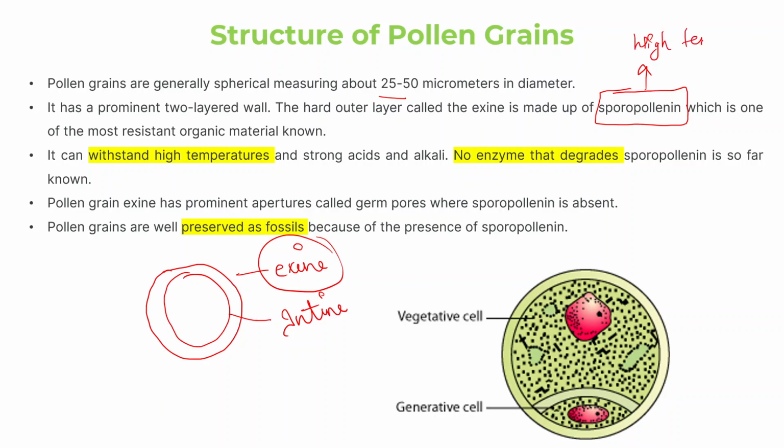Even at high temperature, the pollen grains will retain their viability. They cannot easily be degraded by high temperature, or even by strong acids.